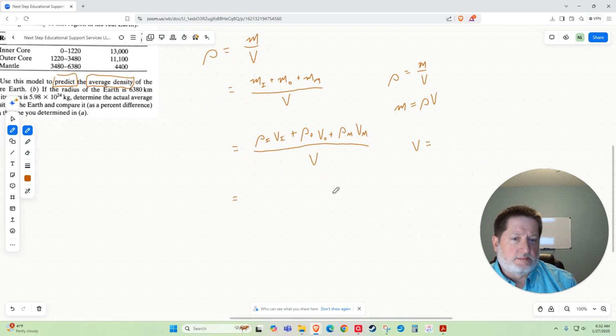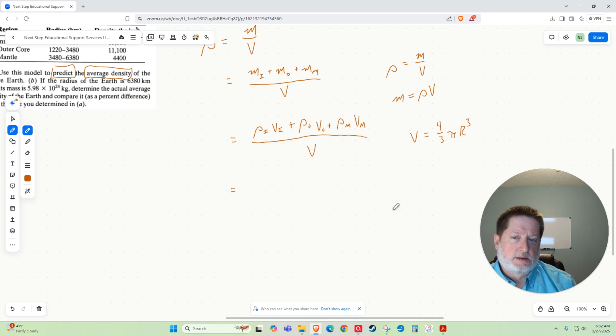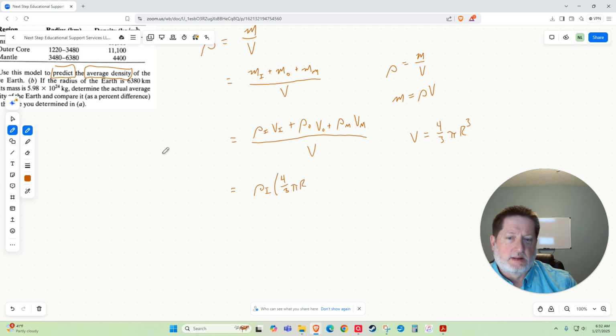Now, volume for a sphere, if you don't remember, we can look that up, or if you remember, it's 4/3 pi radius cubed. So as I continue making substitutions here, we have the density of the inner times the volume of the inner, which is 4/3 pi r cubed, and that's the radius.